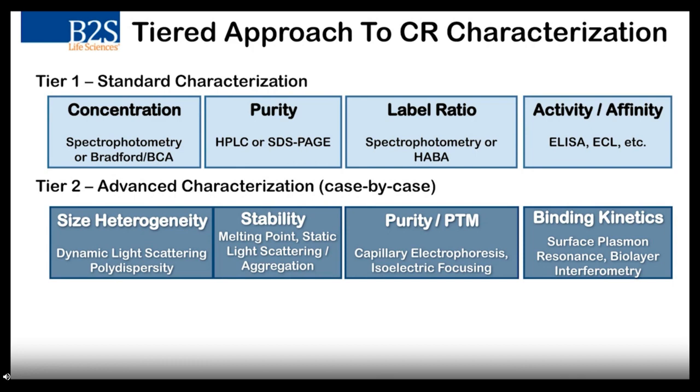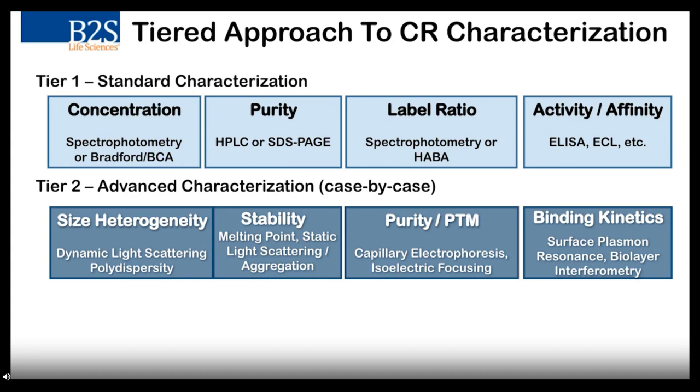So we have a tiered approach that we have adopted at B2S. In tier one, our standard characterization for a critical reagent includes an assessment of concentration, an assessment of purity, an assessment of an incorporation ratio or conjugate testing if it's a conjugate, and then complementary with that is an activity or affinity assessment for binding or what have you.